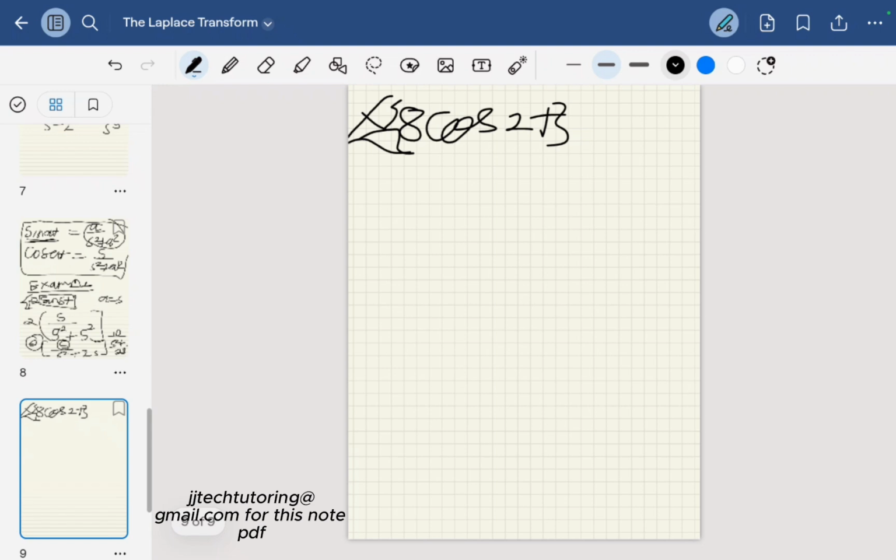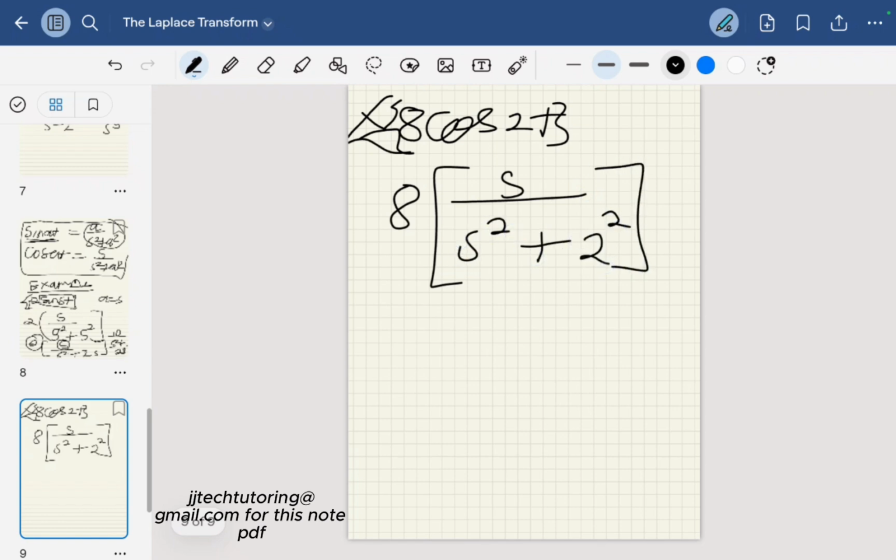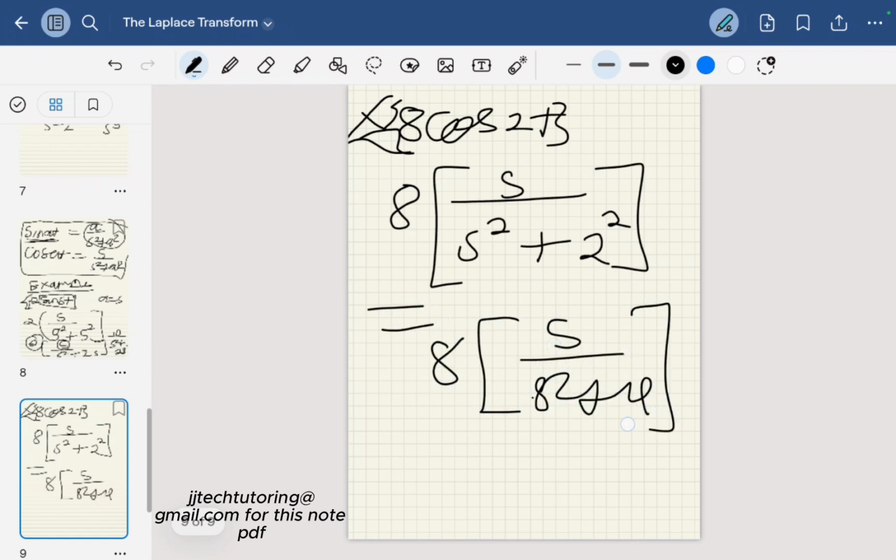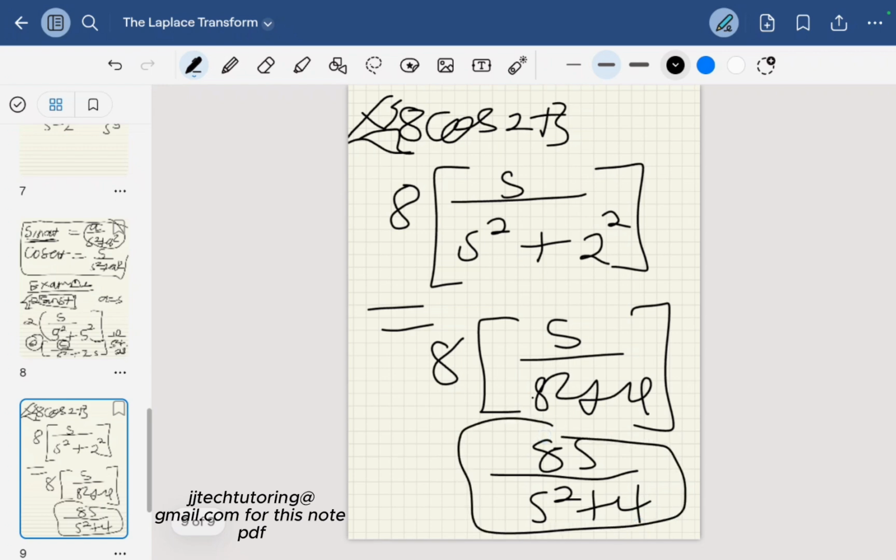So that means we're gonna say 8, and then we're gonna say s over s squared plus 2 squared, right? That will be 8s over s squared plus 4, right? That is it. That's it, right?